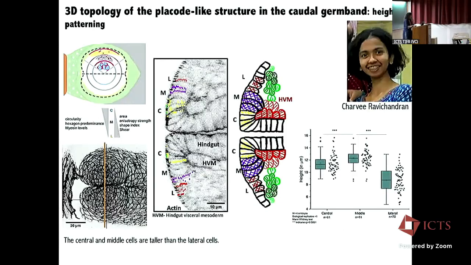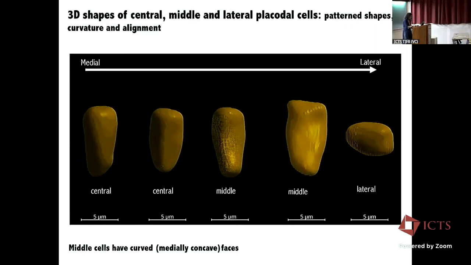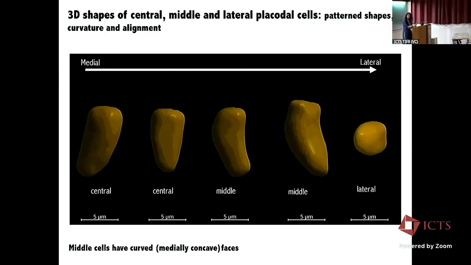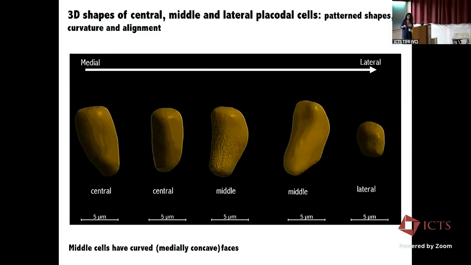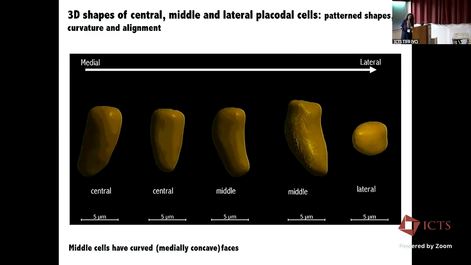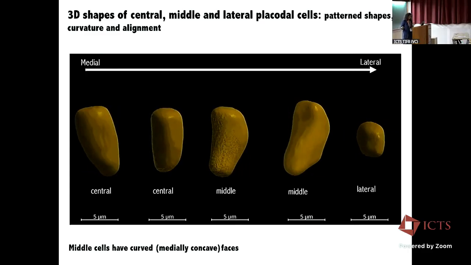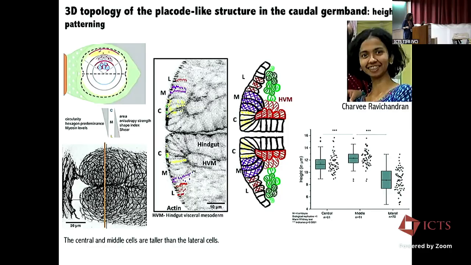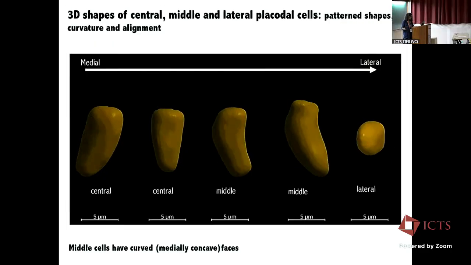But I just want to say that we've begun to look at these structures in 3 dimensions, and we see that it's not just the apical shapes that are patterned, but also the heights of the cells, and there's a central to lateral gradient in height as well, as you can see here.